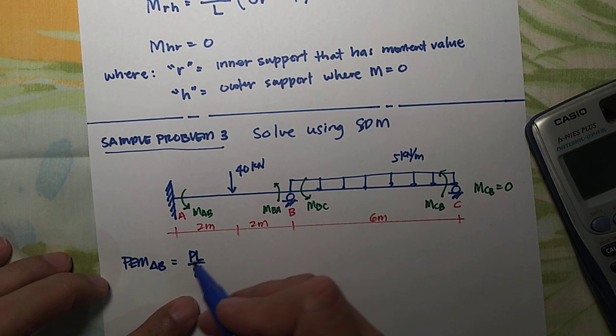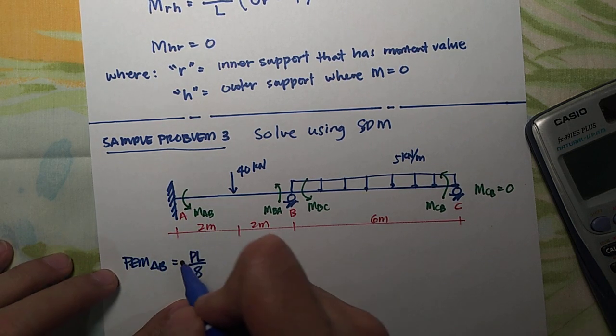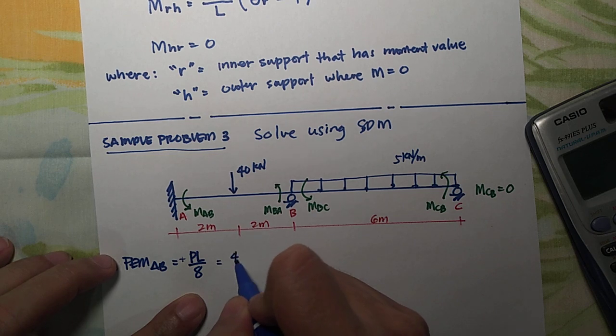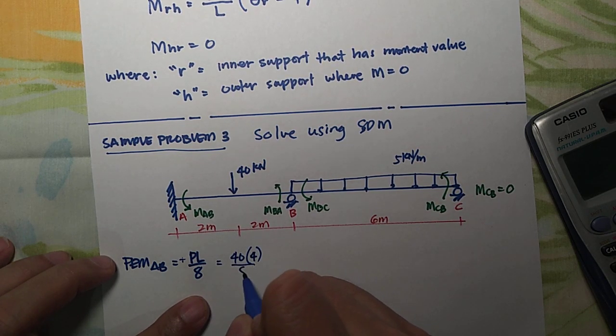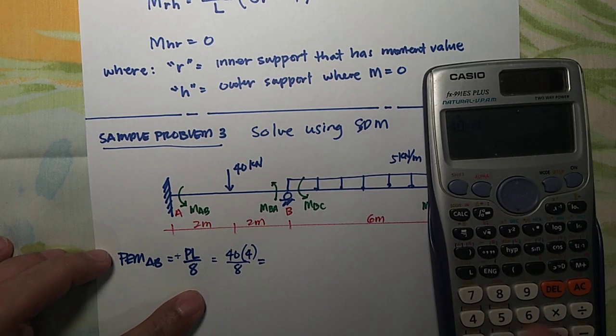That is counterclockwise, so that's positive. So that would be 40 times 4 over 8, which is 20.